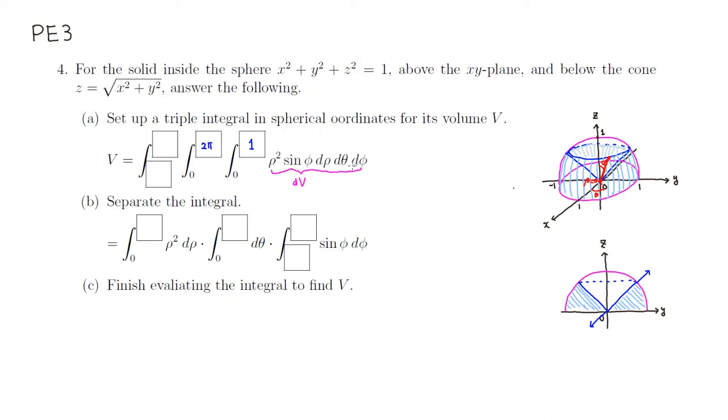Phi is the little tricky one, and it might be hard to look at the three-dimensional picture. So why don't we look at the cross-section by the YZ plane. I drew a picture here of a cross section of the solid, determined by the cone.